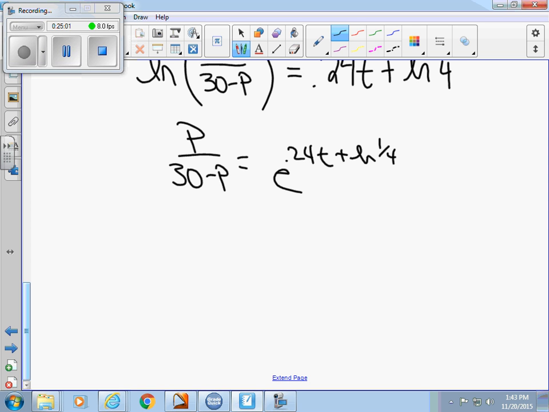Good news is most likely not. So now what do we need to do? We exponentiate both sides. This is e to the 0.24t times e to the natural log of 4th, which is 1/4 e to the 0.24t. It does simplify your life. It doesn't finish the problem. It does simplify your life slightly.